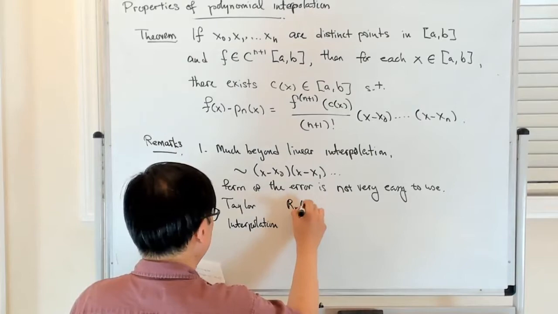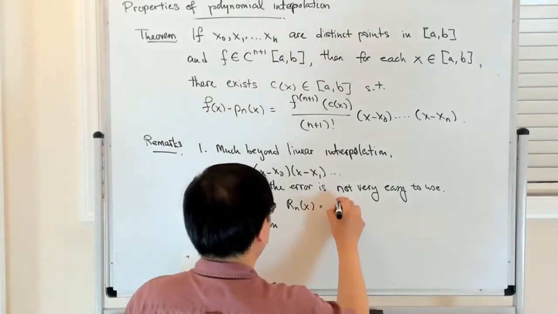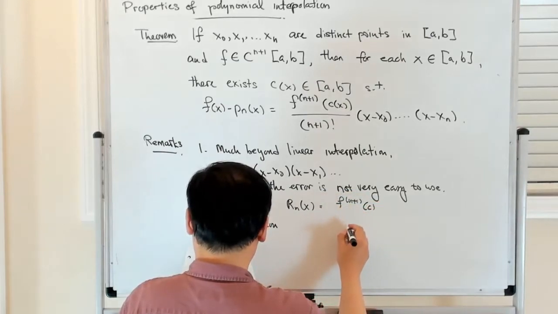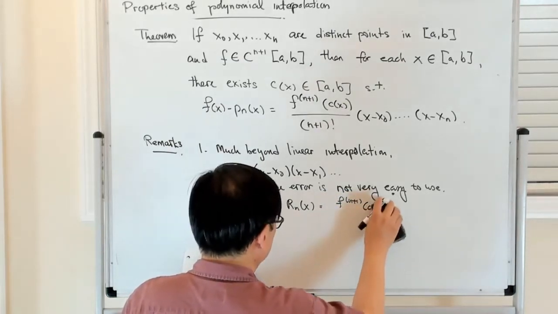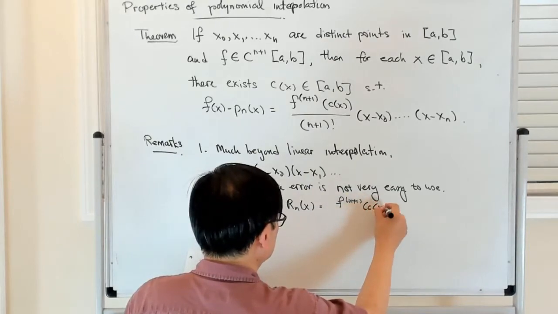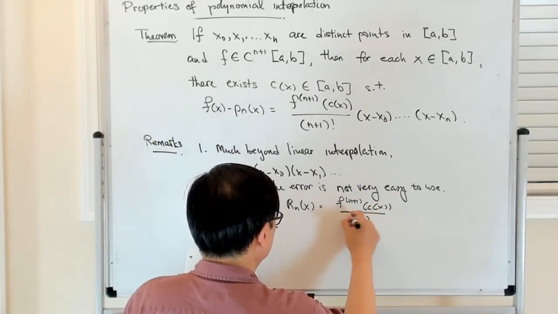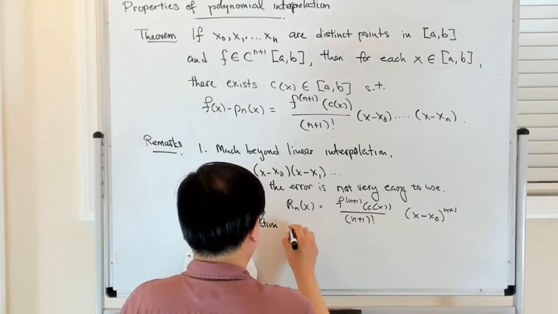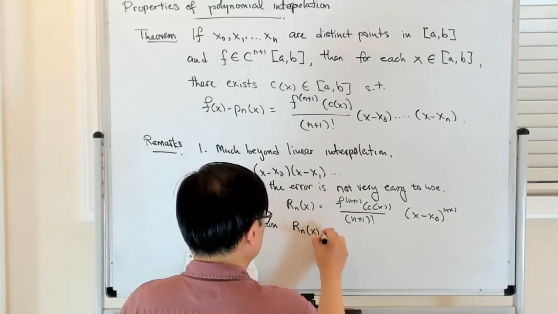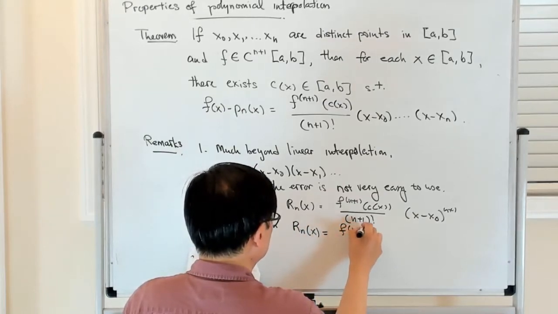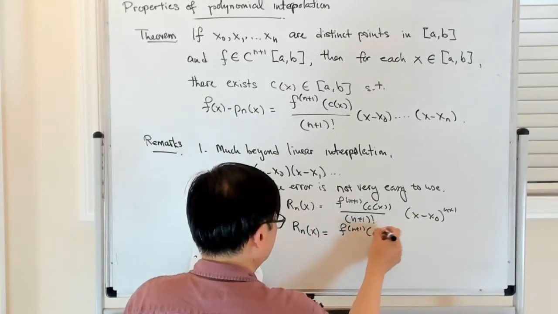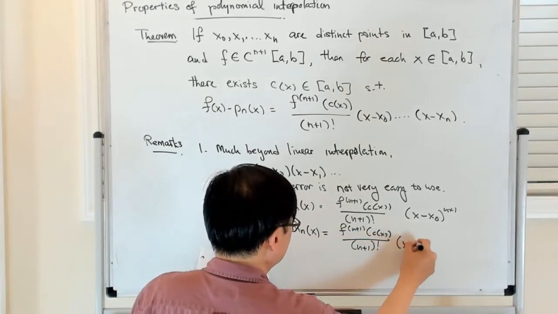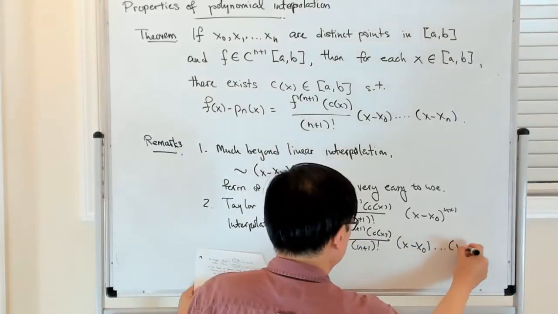Rn of x is equal to the n plus first derivative of f at some unknown point c, which also depends on x, divided by n plus 1 factorial, x minus x0 to the n plus 1, and the interpolation remainder term is very similar, but in general for different c's, with x minus x0 all the way up to x minus xn.